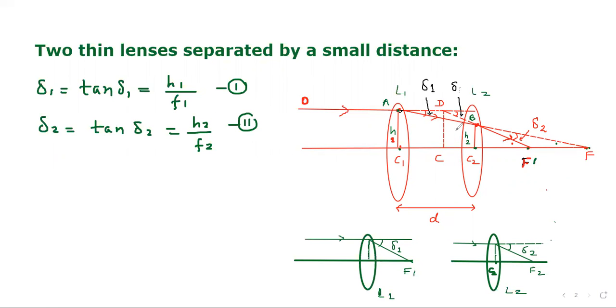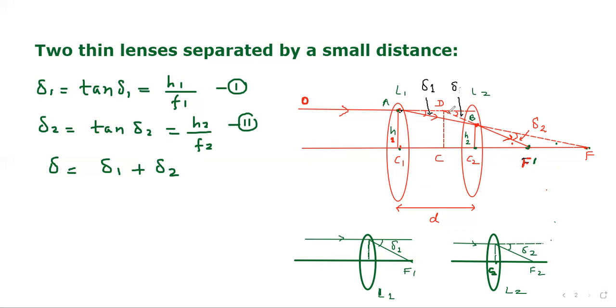Clearly, the net deviation produced, delta, will be the sum of the deviations produced by the two lenses. So delta equals delta 1 plus delta 2. And delta will be equal to this height. So DC is the same as H1, and we are considering the final or resulting focal length as F dash, because the final image is formed here.